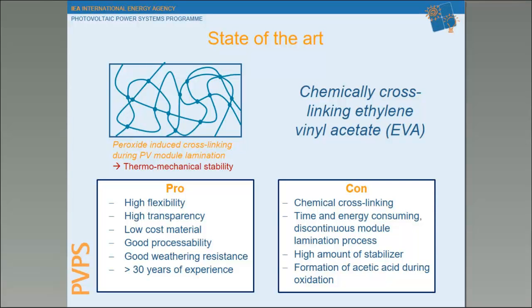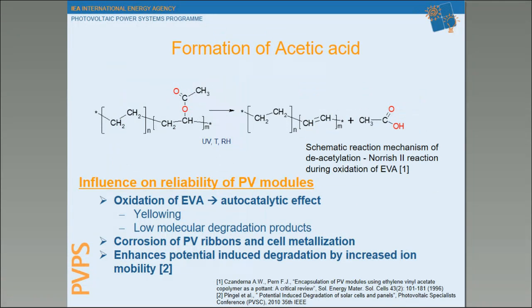And the biggest drawback, and that's what I already mentioned, is that it forms acetic acid during degradation. And what does it mean? This is just a schematic reaction mechanism of how this acetic acid is generated. And this acetic acid quite influences the reliability of PV modules.